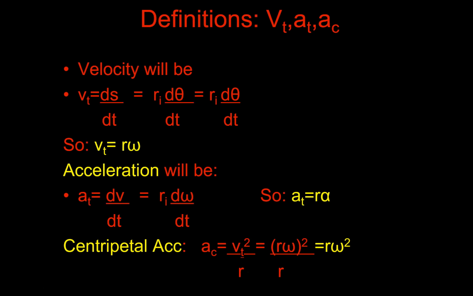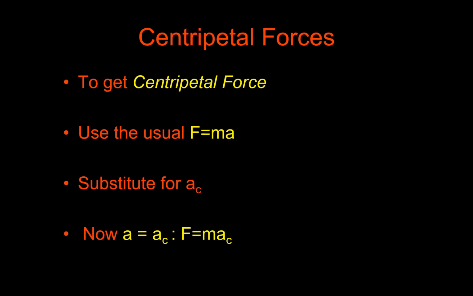Now, when we're dealing with forces, if we have a centripetal acceleration, we will of course have a corresponding centripetal force. This is not some new relationship here. Centripetal force is just the force with a new expression for centripetal acceleration. So it's the same old F equals ma that you've always seen, only now a is equal to ac.